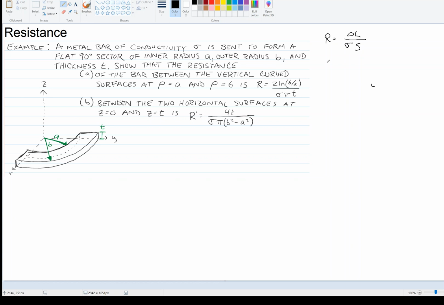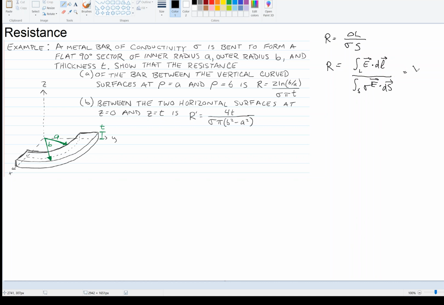However, what we also saw, but we did not apply yet, was this equation. Resistance is voltage over current. And so what we can do alternatively is calculate the voltage with the integral of E dot dl, divided by the integral over the cross-sectional area of sigma E, which is the current density, dotted with ds.